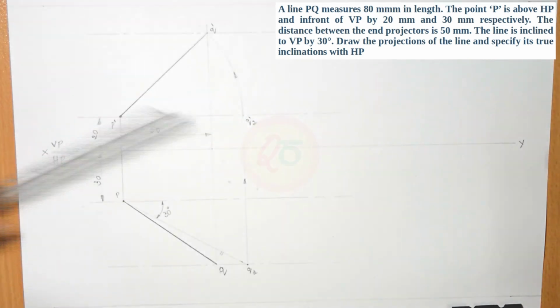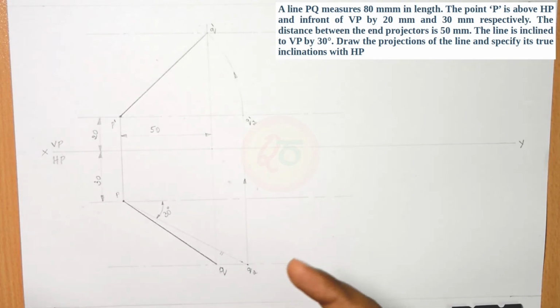And from P dash, I need to draw a line equal to the true length, 80 mm. You can proceed in two ways.